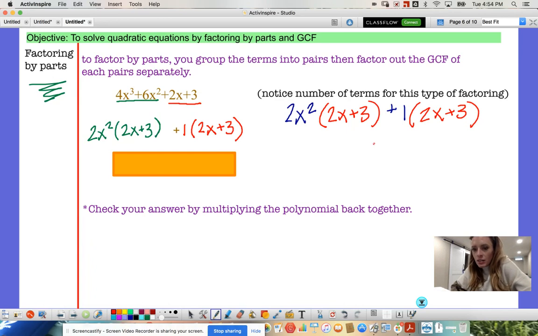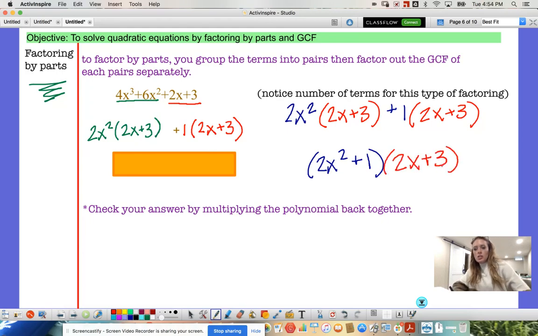Okay, so basically what happens is we can add this one plus this one with our common term of 2x plus 3. So we have 2x squared plus 1, which is just like our 5 and our 10, like I just said, but we can't combine these. Okay, so we can't make it nice and say 15. It has to say 2x squared plus 1. And then we have our common term, 2x plus 3.